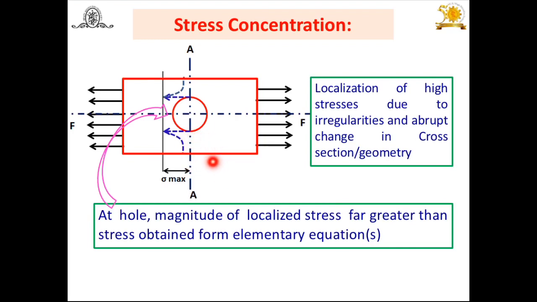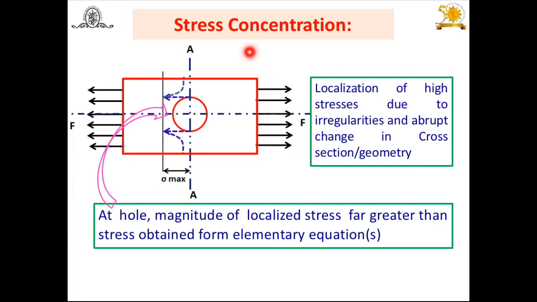So what is going to happen? Look at this area portion here: you will find the intensity of the stress magnitude is maximum at the abrupt change in this section. Here again you will find the intensity of stress is also more, but here it is less. That means localization of high stresses due to irregularities or abrupt change in cross section or geometry is known as stress concentration.